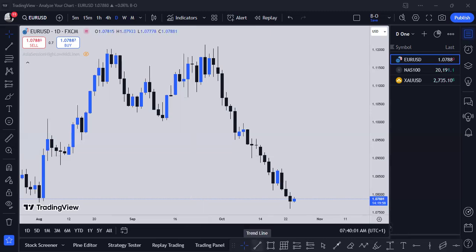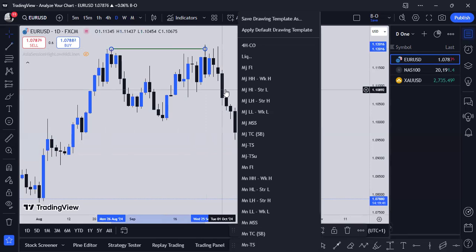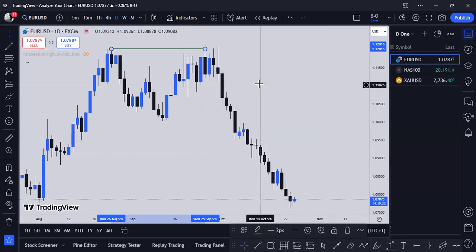So picking our tools, from what we can see here, this market took out liquidity from the previous high that we have. And when we see liquidity being taken out of the market like that, we can expect a deeper reversal.